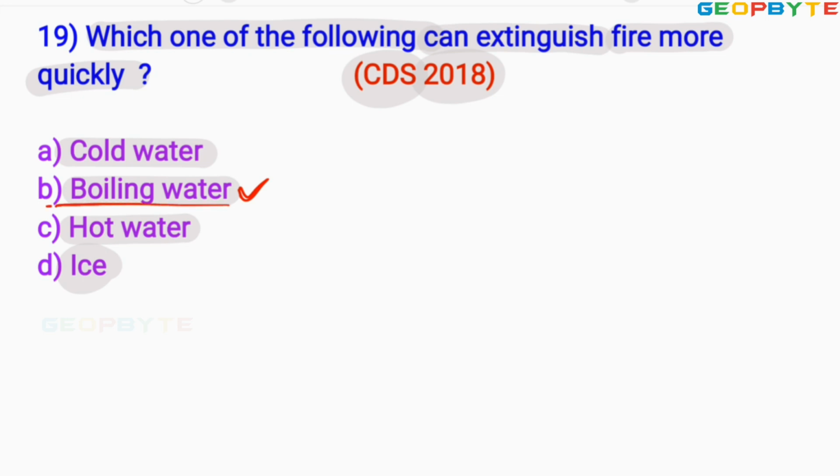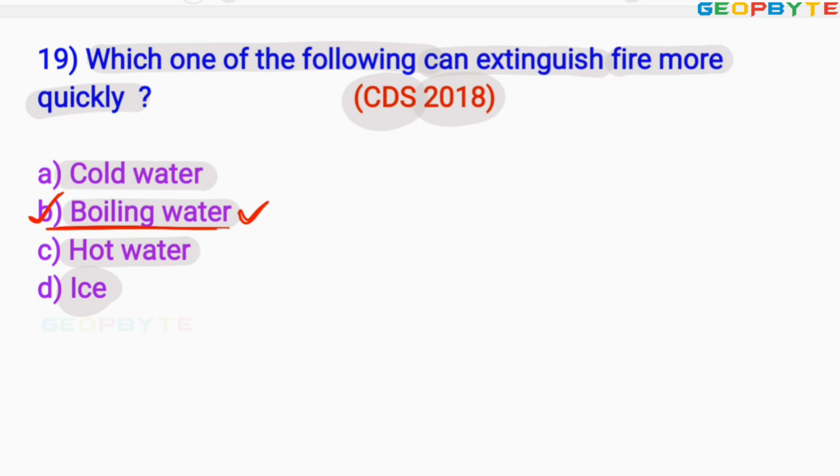Therefore, option B is absolutely correct. Once again, boiling water can extinguish the fire very rapidly. This problem is also equally important. There are so many 5-star problems in this video. Let us take the 20th problem.